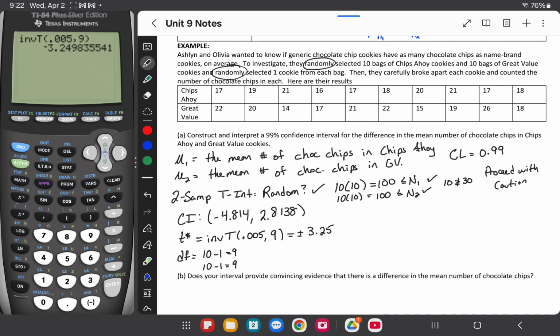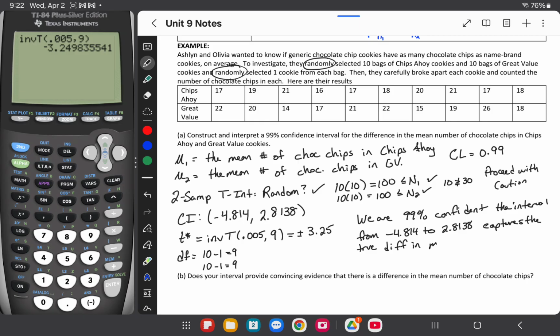Last but not least, let's go ahead and interpret our confidence interval in context. We can say that we are 99% confident that the interval from negative 4.814 to 2.8138 captures the true difference in means of the number of chocolate chips.